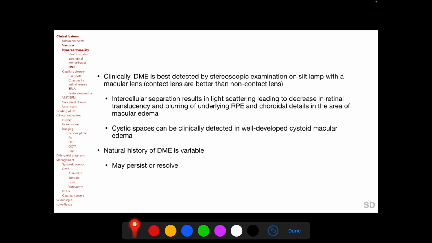And the zone of macular edema appears as an area of decrease in retinal translucency and blurring of underlying RPE and choroidal details because of intercellular separations in the edematous area, resulting in light scattering. And in well-developed cystoid diabetic macular edema, cystic spaces can also be clinically detected. Untreated, diabetic macular edema may persist or resolve spontaneously.